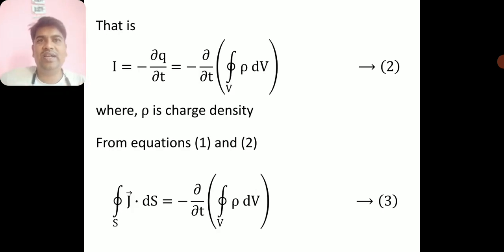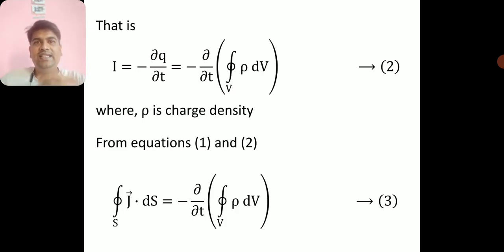For charge, I can write it as the volume integral of rho dV. We write this equation for charge because rho is the charge density, the charge per unit volume. Charge per unit volume multiplied by a small volume gives a small charge dq.